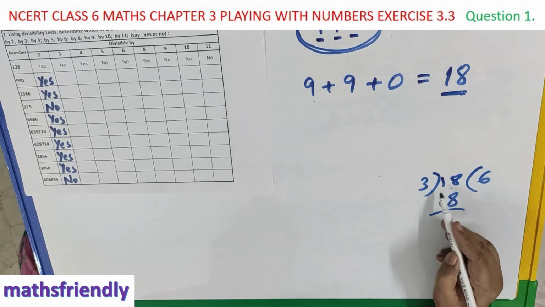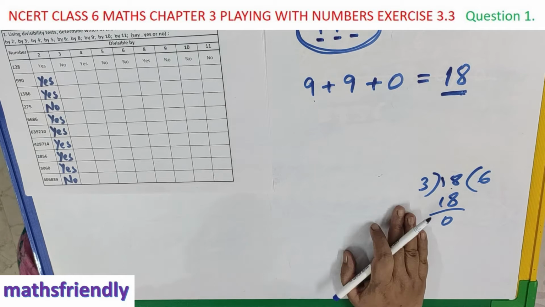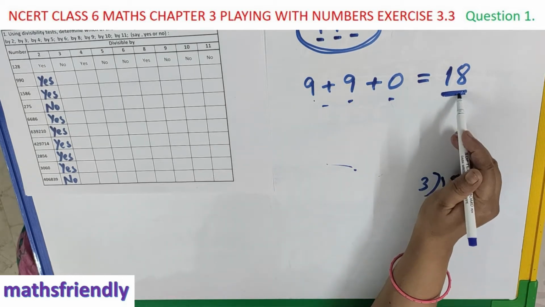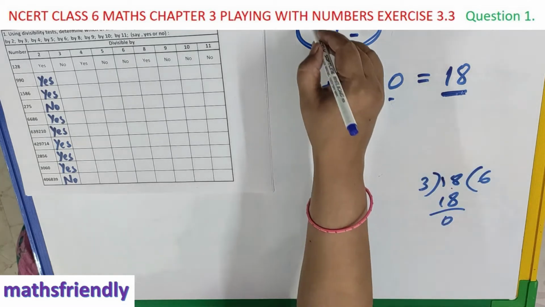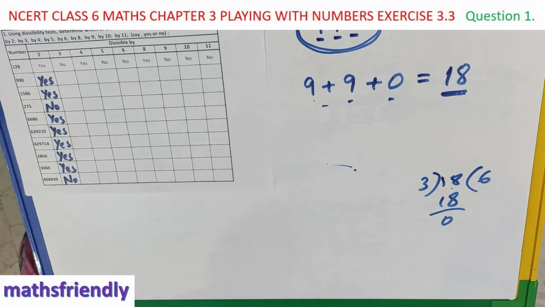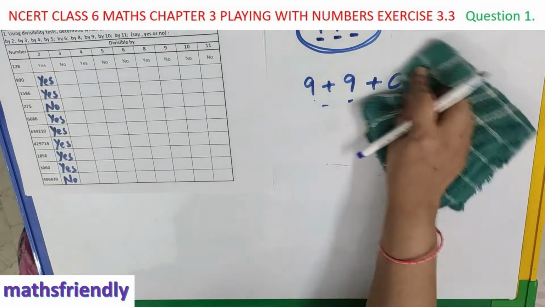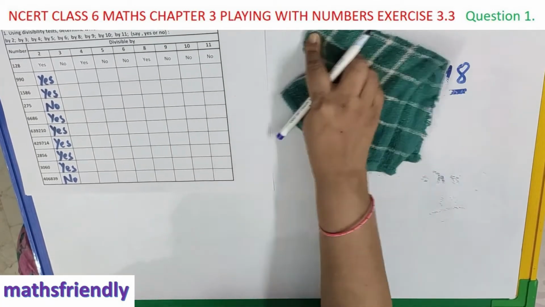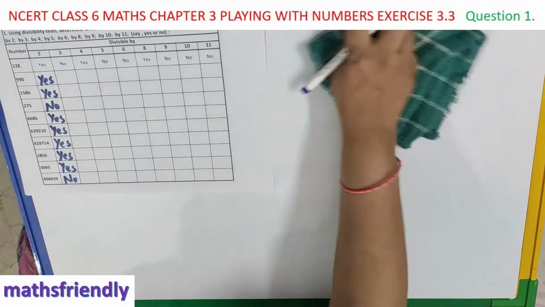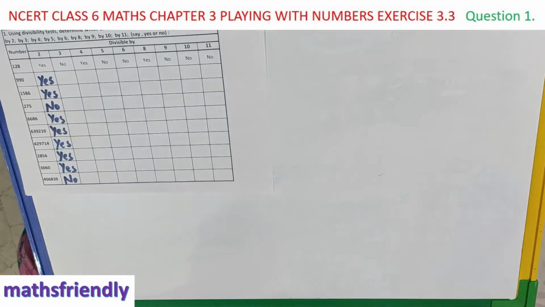So we can say that if the sum of the digits is divisible by 3, then the number itself is divisible by 3. So we have to check the sum of the digits of the number, and then we can say whether the given number is divisible by 3 or not.